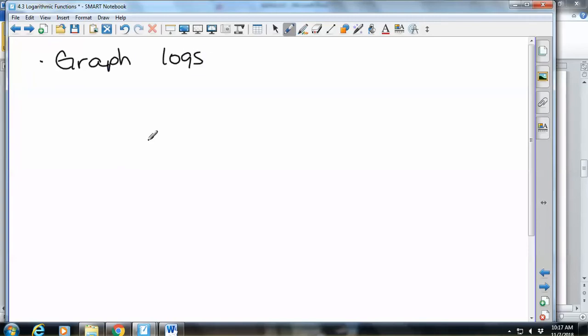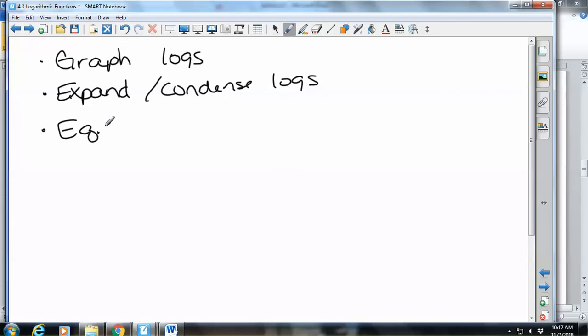Which remember, we just changed them to exponential and graphed that. What we did today, be able to expand and condense your logs. And then the equations with logs.